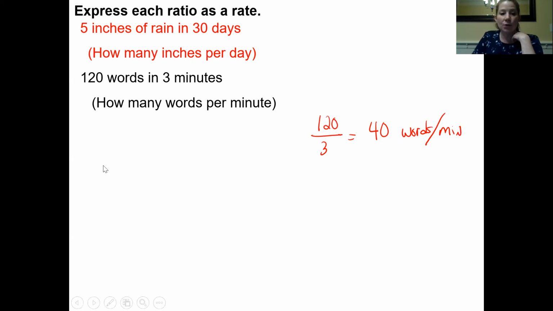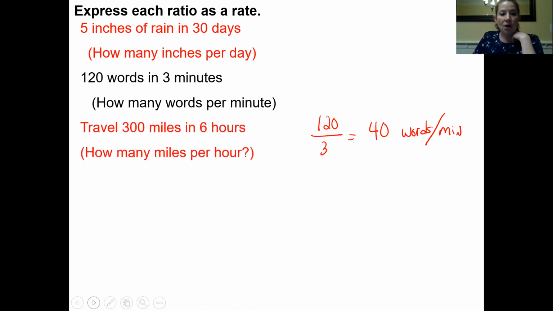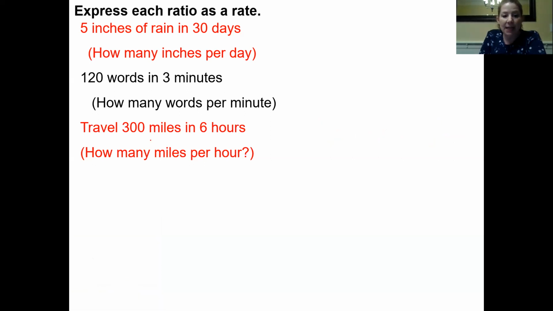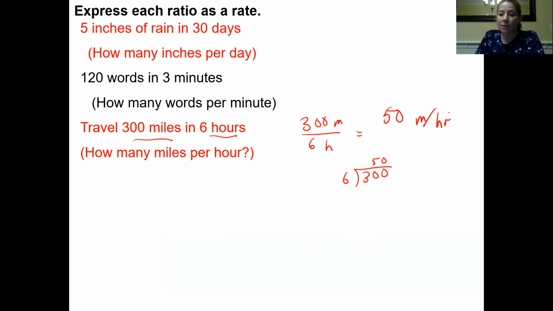So 40 words per minute. All right, if I travel 300 miles in 6 hours, how many miles per hour? 300 miles in 6 hours. I'm going to divide 300 by 6 and I get 50 miles per hour. 50 miles per hour.